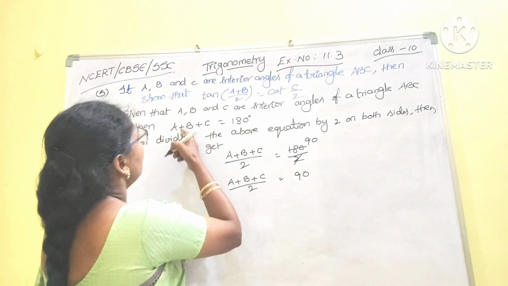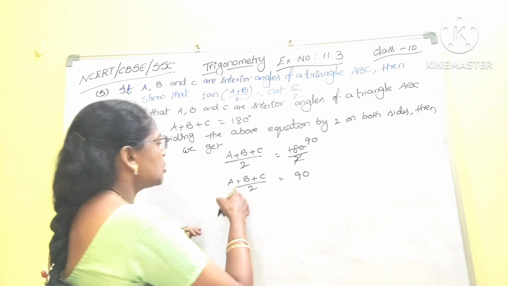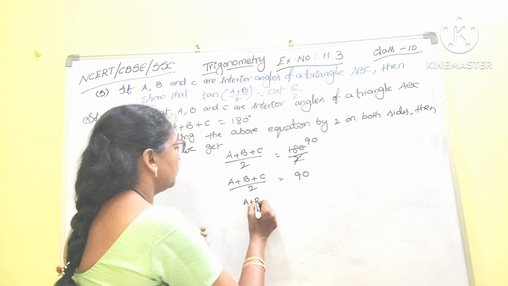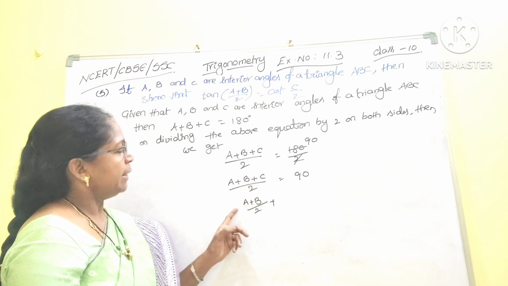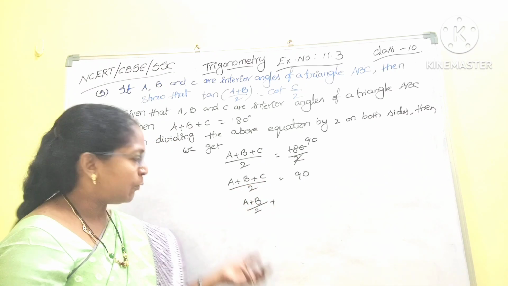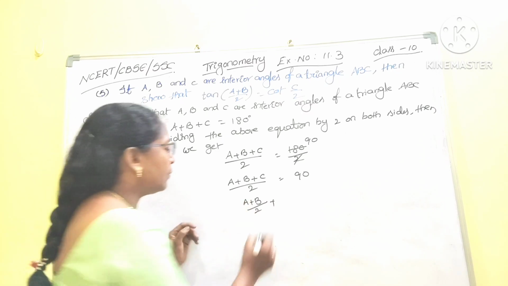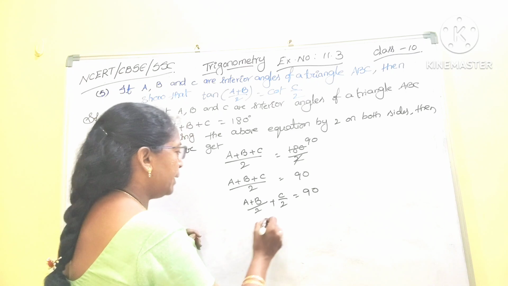Now here (A plus B) by 2 is on one side and C by 2 is on the other side, so you also split this one. So (A plus B plus C) by 2 is nothing but A by 2 plus B by 2 plus C by 2, but here (A plus B) by 2 is required, so you write it like that, plus C by 2, equals 90.